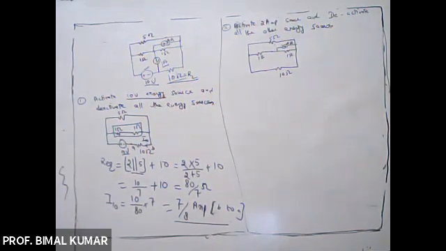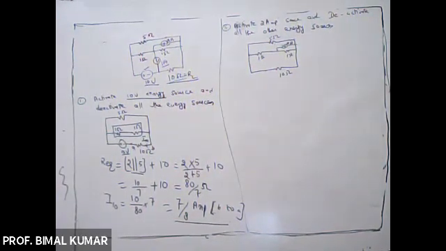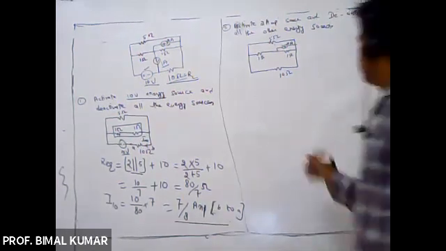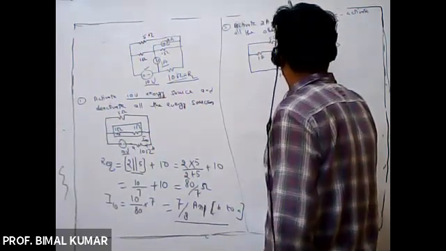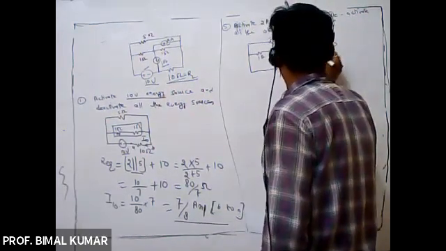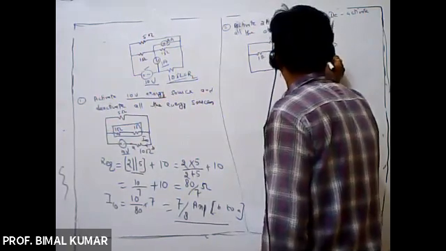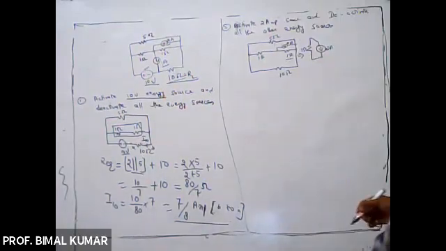So what you will get after redrawing this circuit, when I am considering this 2 ampere source, starting with this one, the 1 ohm is in parallel with the 2 ampere source, right?